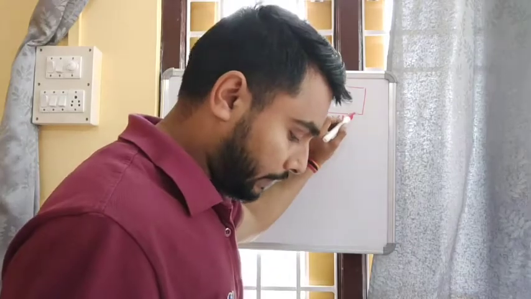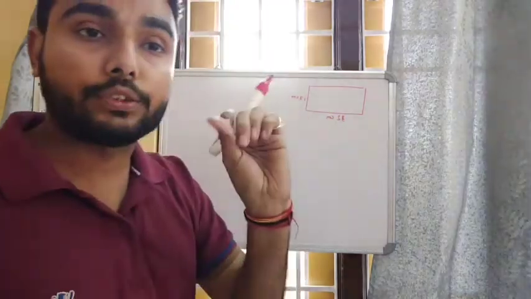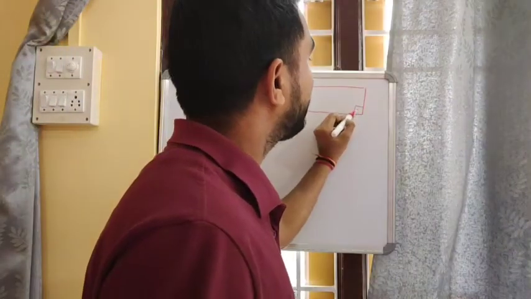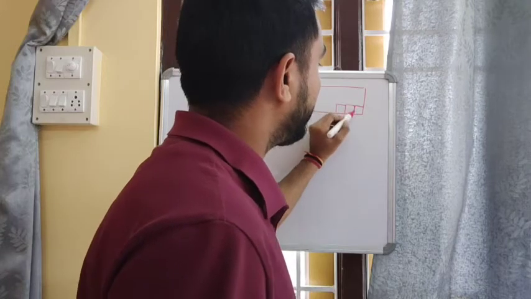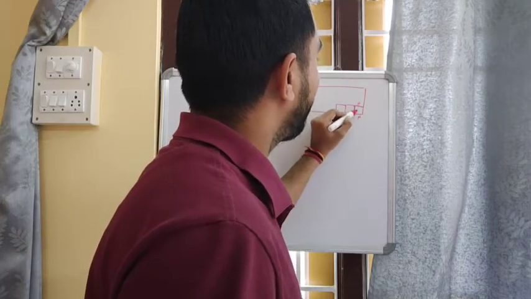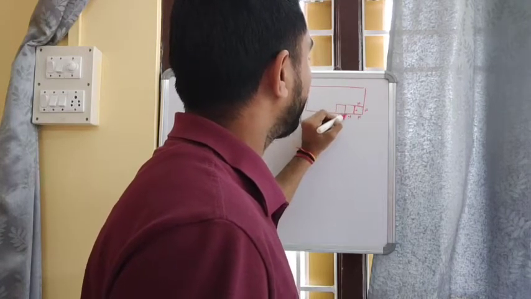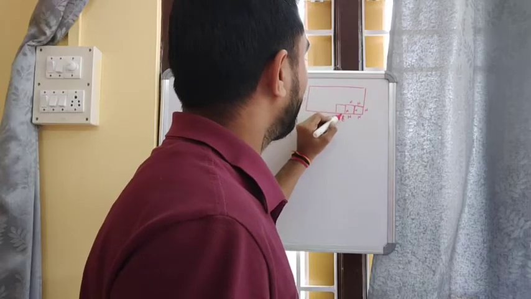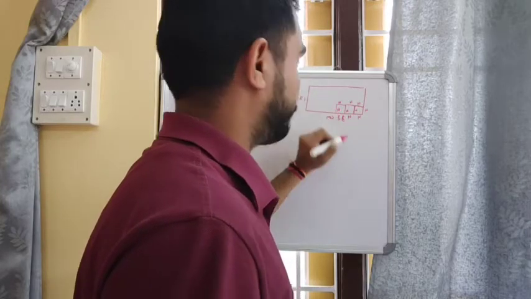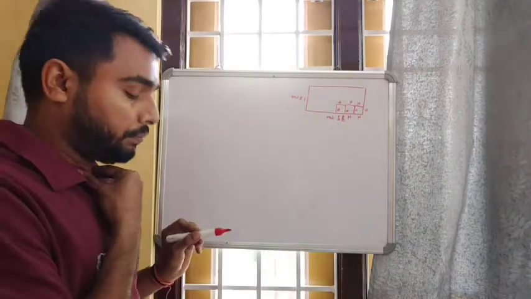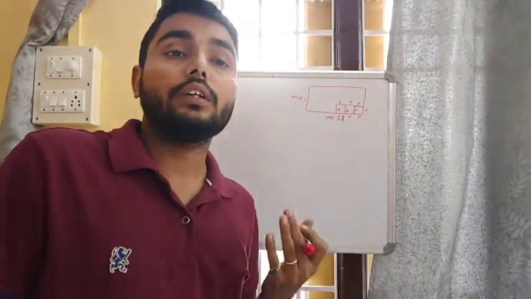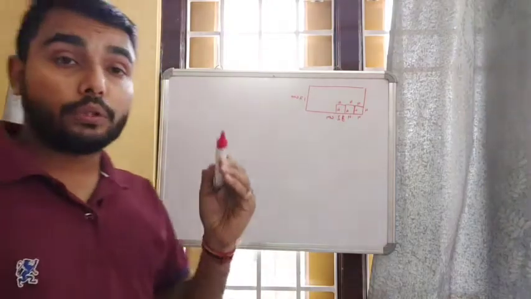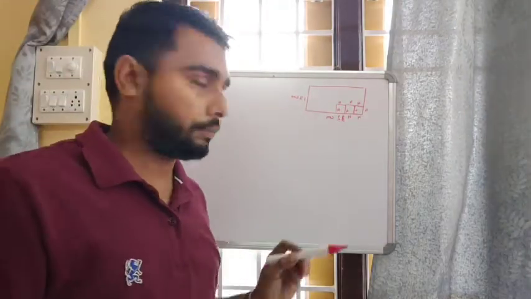From this metal plate we are going to cut squares, with side 4, 4, 4, 4, again 4, 4. This is also 4, 4, like that. Squares we are cutting out of the metal plate. So you are going to find how many squares can be cut.